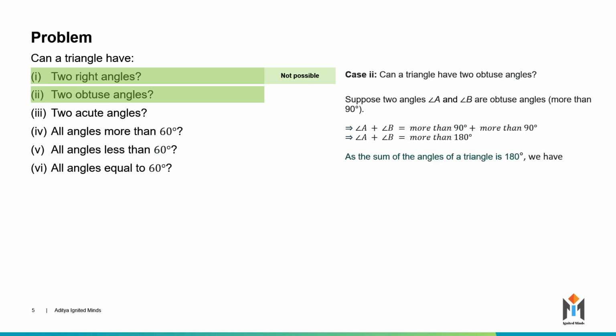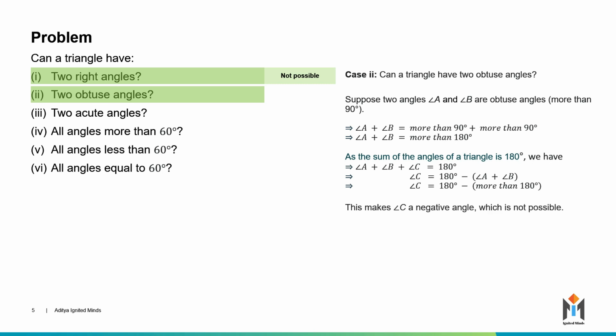Again, going by the angle sum property of a triangle, which means that the sum of all the angles of a triangle will sum up to 180 degrees, when we substitute the sum of A and B in this, angle C will be equal to 180 minus more than 180 degrees. So what do you get for the value of angle C? Well, in this case, angle C will become a negative number, right?